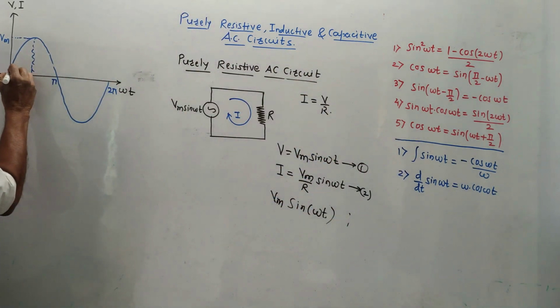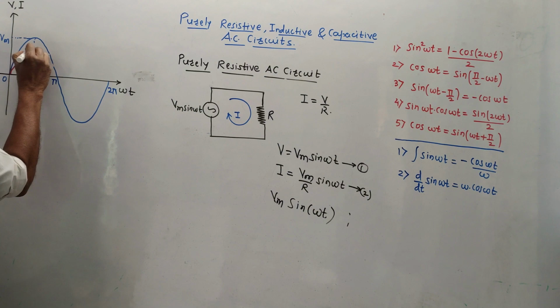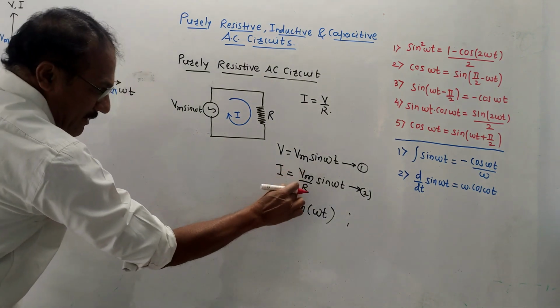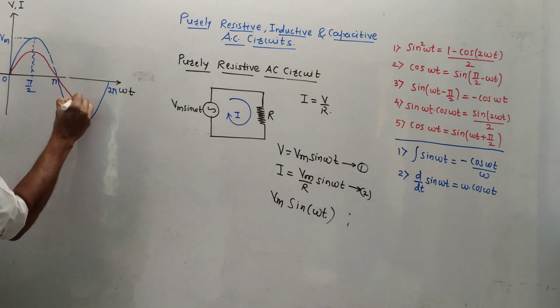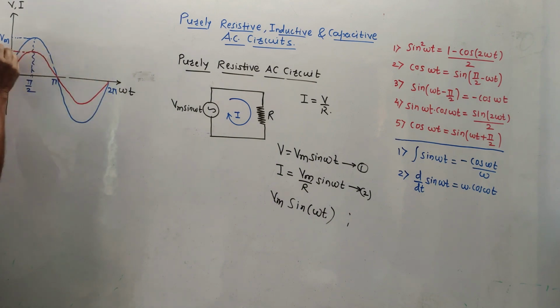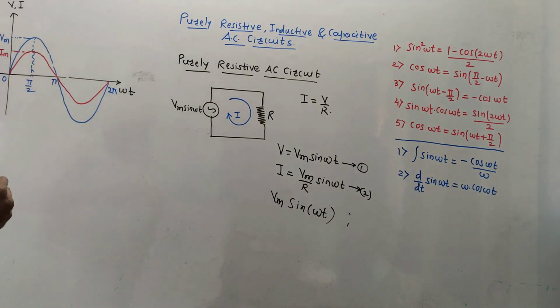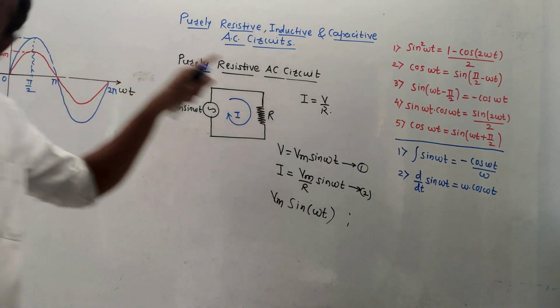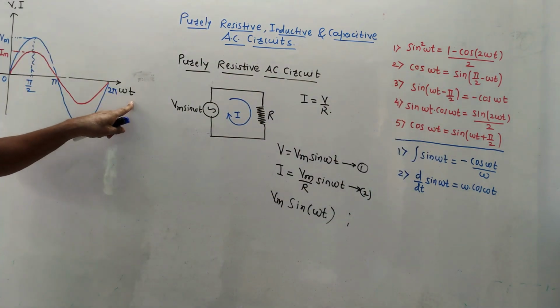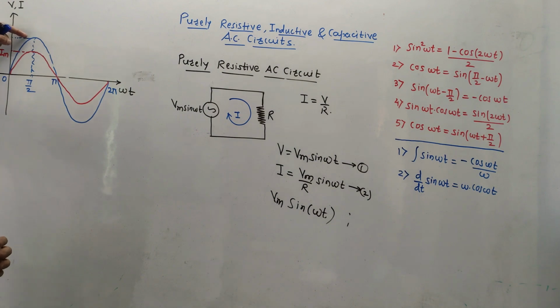So I will draw one more sine wave, but whose amplitude will be less than Vm. Why less than Vm? Because it is Vm upon R. So I will draw a similar sine wave. This is the current waveform whose maximum value is denoted by Im. So this is the graph which shows the variation of voltage and current with respect to omega t. This is the peak value of voltage Vm, peak value of current Im.